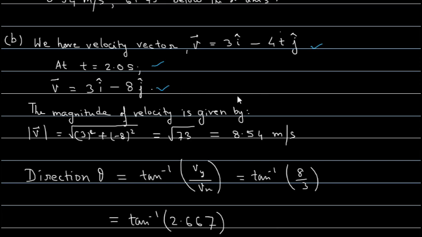The magnitude of velocity is given by under root 3 square plus minus 8 whole square, which is equal to under root 73, is equal to 8.54 meter per second. Direction theta is equal to tan inverse Vy by Vx is equal to tan inverse 8 by 3, that is tan inverse 2.667.